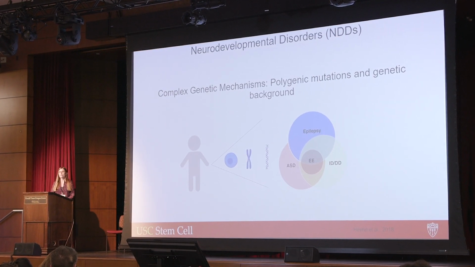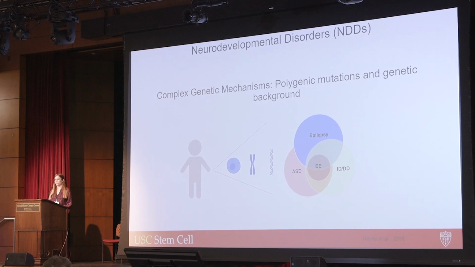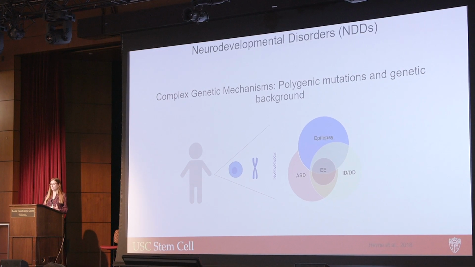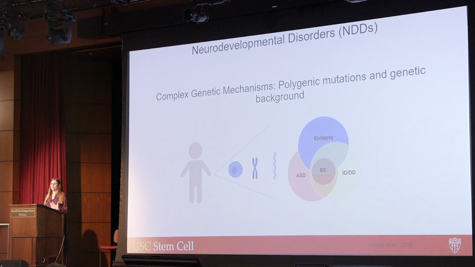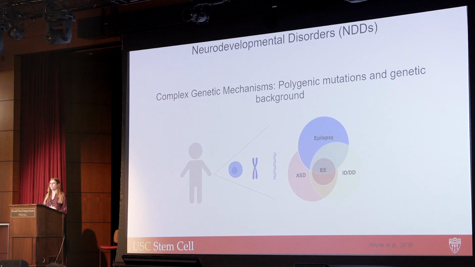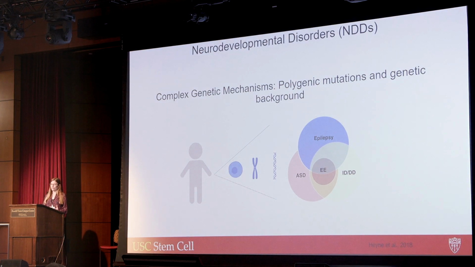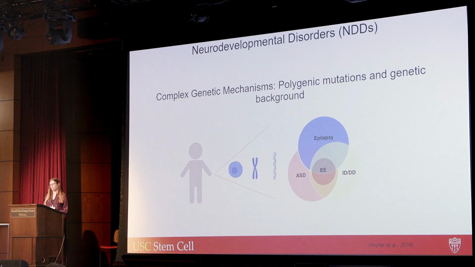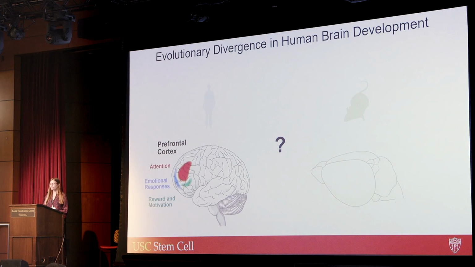These disorders have high clinical heterogeneity, and this stems mainly from the fact that they're linked with polygenic mutations, and also due to the fact that each individual genetic background really plays a role in the clinical phenotype of these patients.